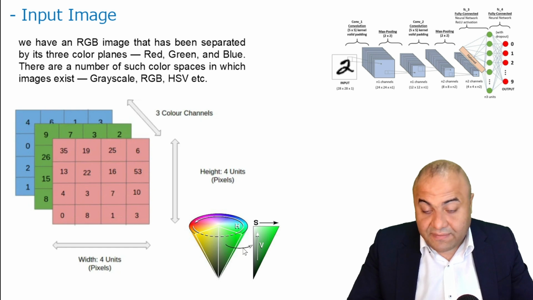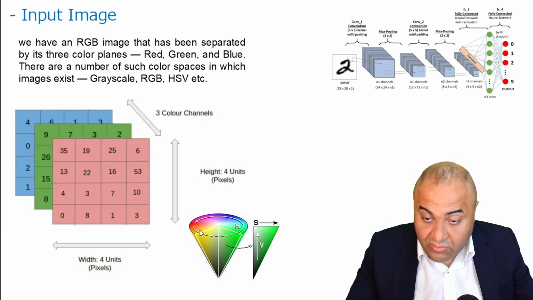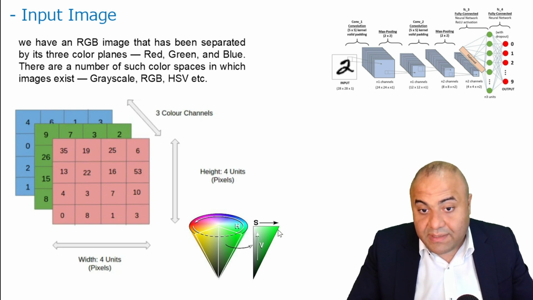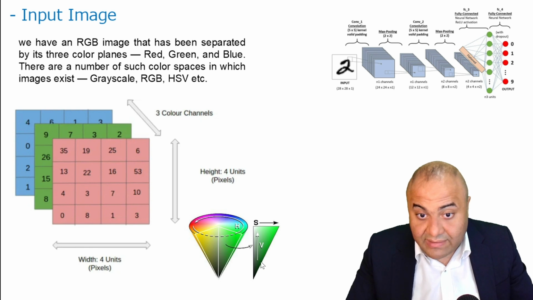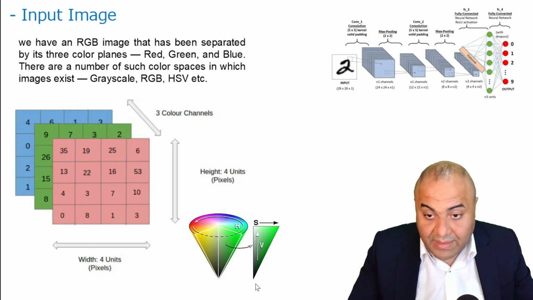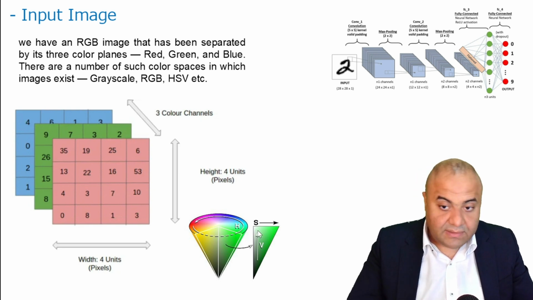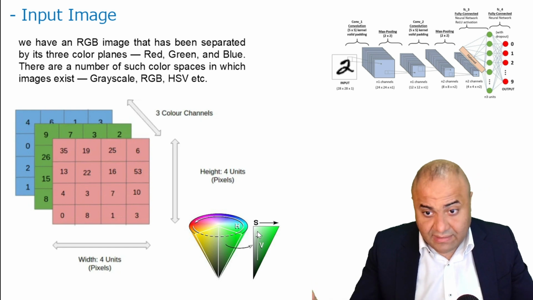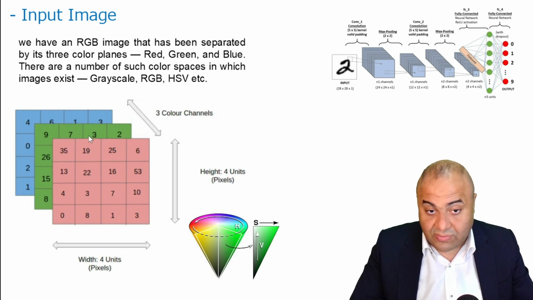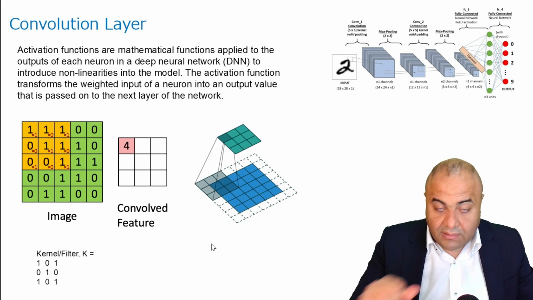Now in HSV, H will be the color that the cell will have, S will be how saturated it is, and V is how bright it is, from black to complete white. So this is another way to represent the input of the images we have.